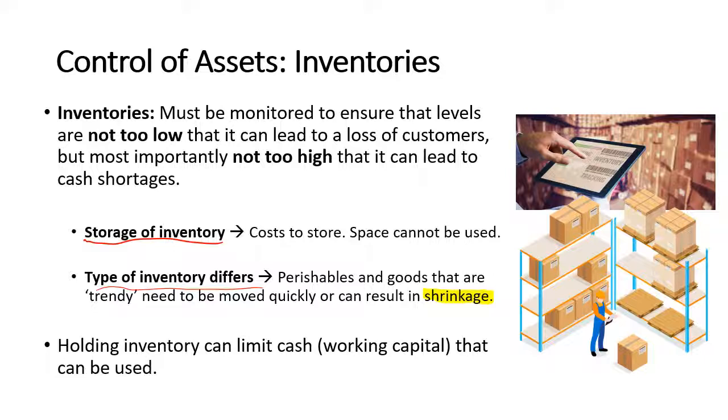What we got to do is look at how we can ensure our inventories are at the right amount. So one of the strategies to do so is a just-in-time inventory management system. Okay, this really relates to operations.